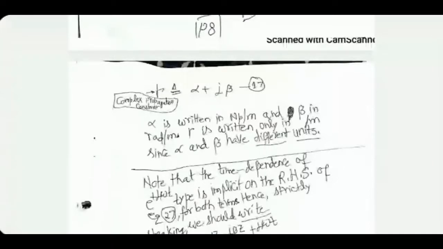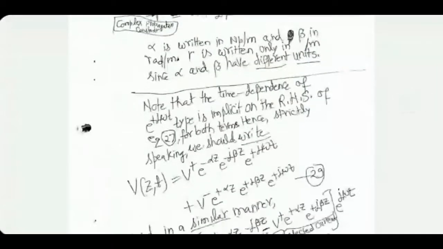Now, one thing that we have so far not looked at is time dependence. We know that it is supposed to be e to the power j omega t type throughout in all voltages and currents. So if I look at the voltage equation again and include time dependence, I should include e to the power plus j omega t in both the terms.